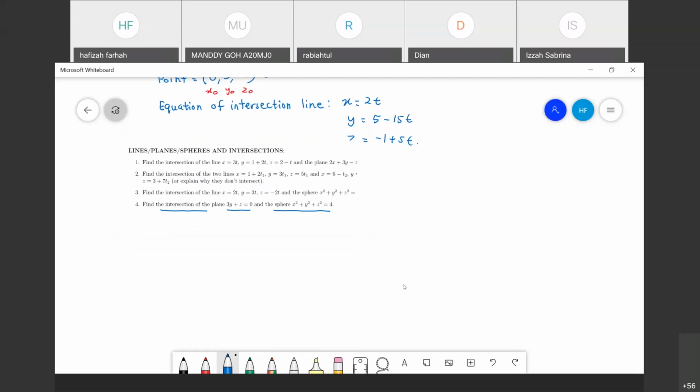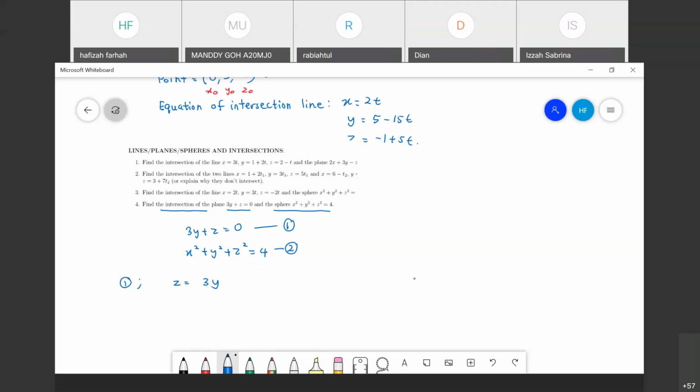From here, we have two equations: x squared plus y squared plus z squared equals to 4. So we can find the intersection from these equations. Let us reorganize equation 1, where z equals to minus 3y.